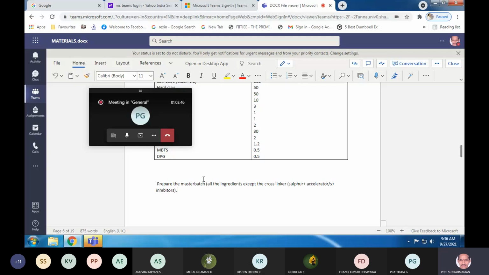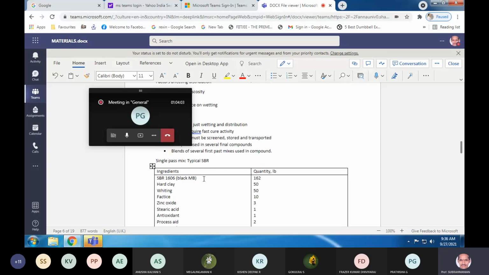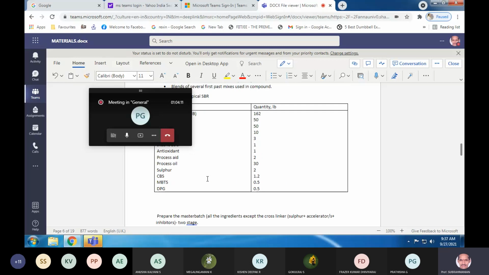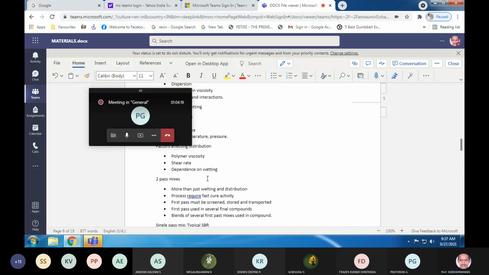So this is a two-stage process. In some cases, three-stage, depending on the requirement. But this two-stage compounding is quite popular. Master batch and adding the cross-linker, sulfur and accelerator, separately. Okay.